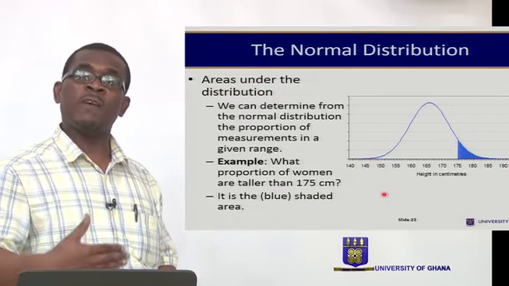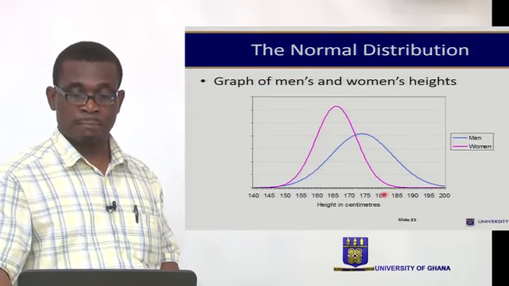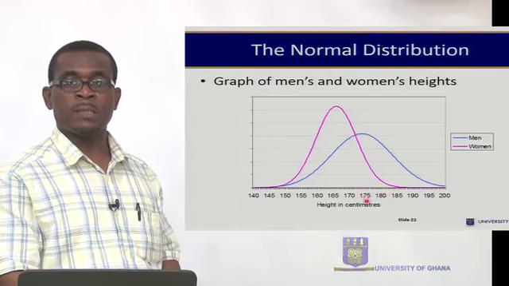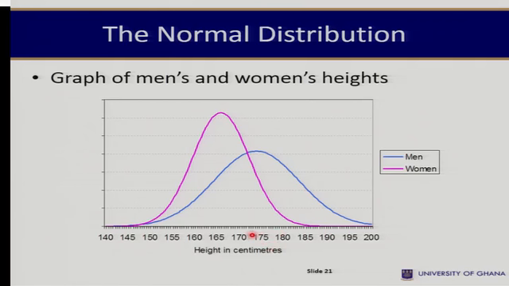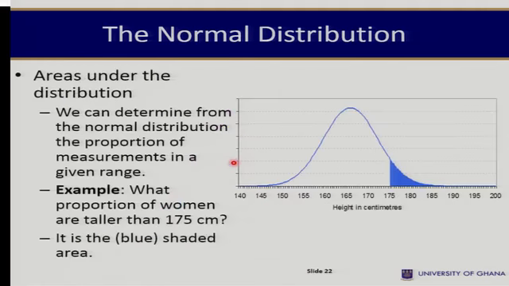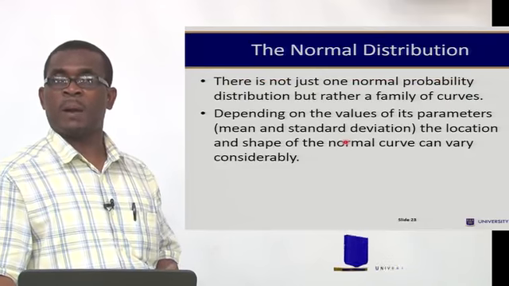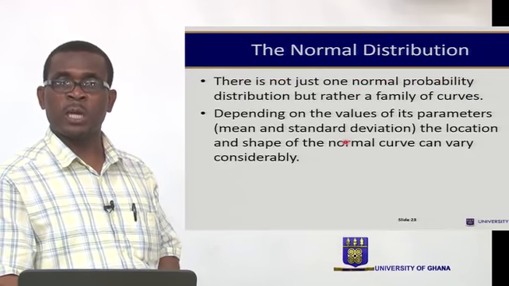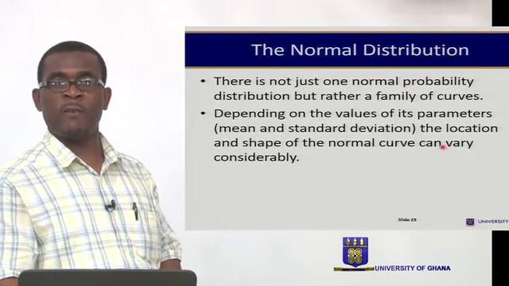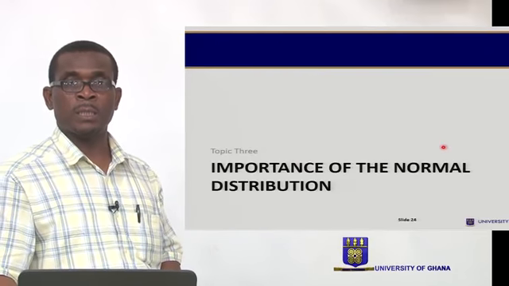So depending on the value of the mean, as we saw earlier with this example, since the mean here is 174 or so, and the mean here is 166, it means that depending on the value of the mean, we can have several shapes of the normal curve, right? So depending on the values of its parameters, the mean and standard deviation, the location and shape of the normal curve can vary considerably.